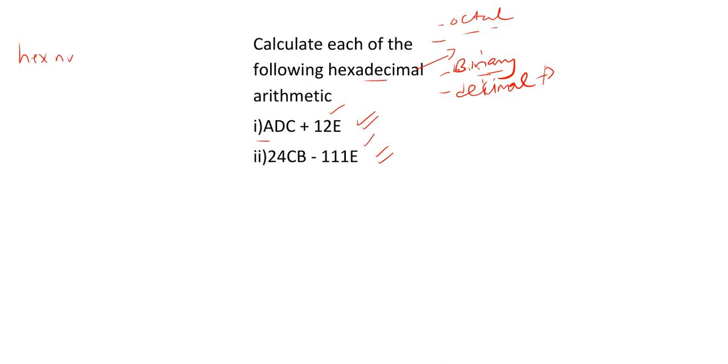note that hexadecimal numbers are numbers of base 16, and these numbers run from 0 to 15. We have 0, 1, 2, 3, 4, 5, 6, 7, 8, 9.